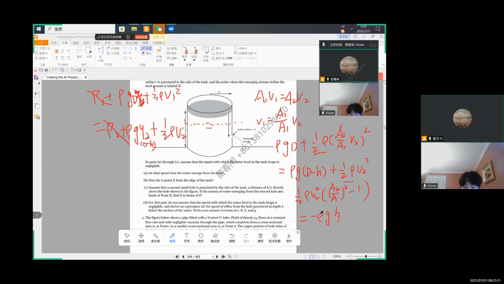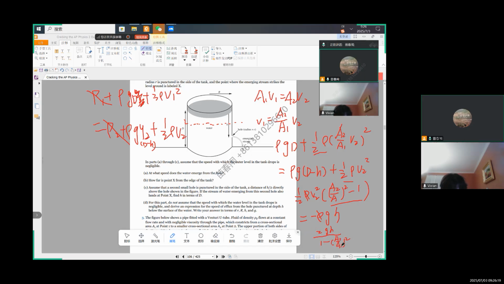Okay, I think I am getting somewhere. Rho and rho simplified. So that'll be 2gh. Since this is negative, I'm going to change the order in here. It's just rho 2gh over 1 minus A2 over A1 squared, right?